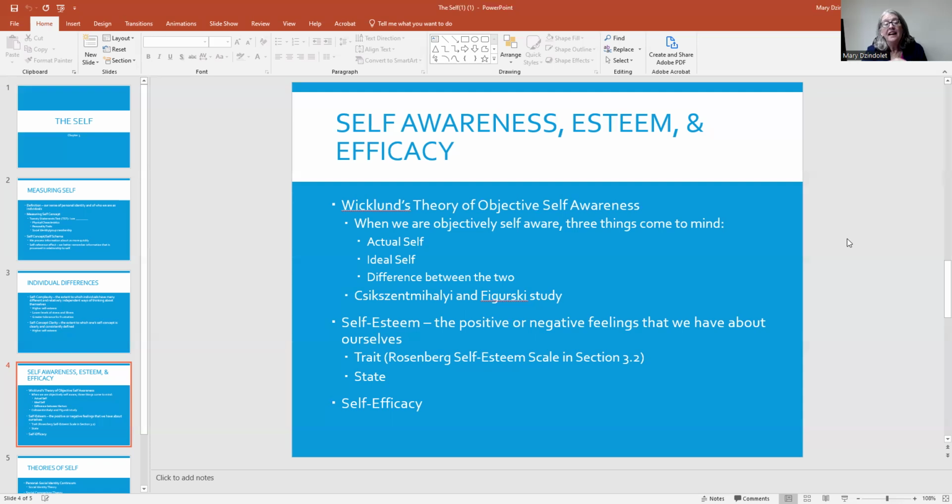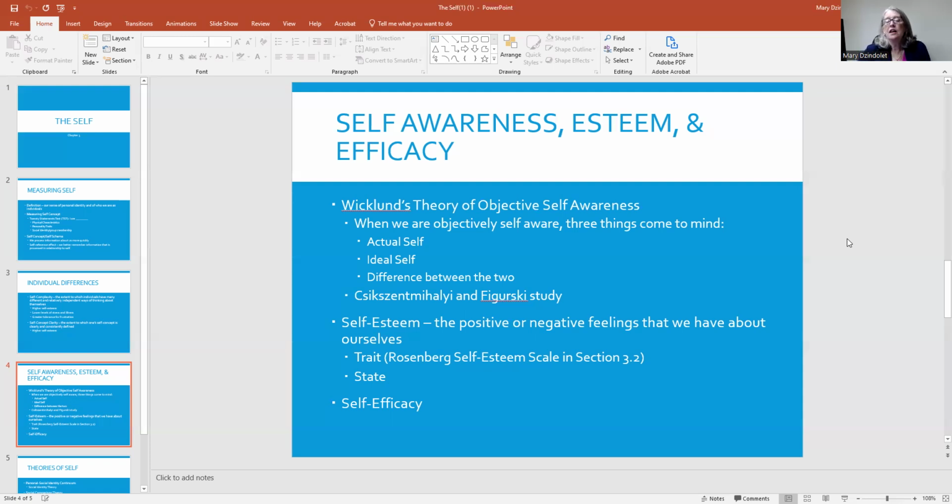And secondly, they were much more depressed and sad than when they were thinking about other things. They chose Wicklund's theory of objective self-awareness to try to explain this. They said when people are thinking of themselves in this objective way, the difference between their actual self and ideal self becomes really prominent, and they become a little, bummer. I've got a long way to go to be the person I want to be.